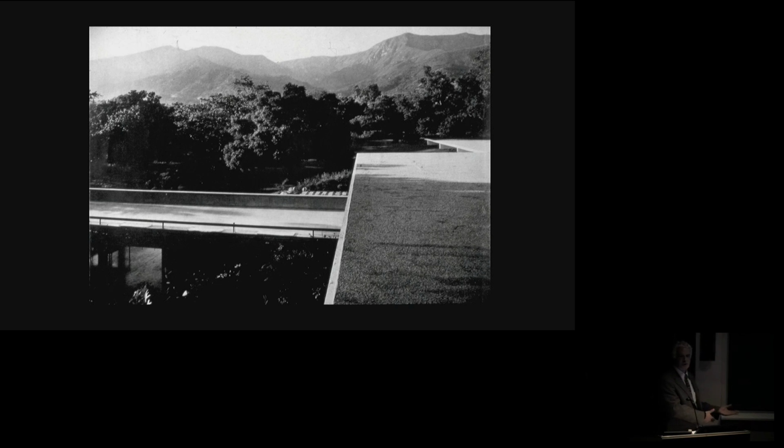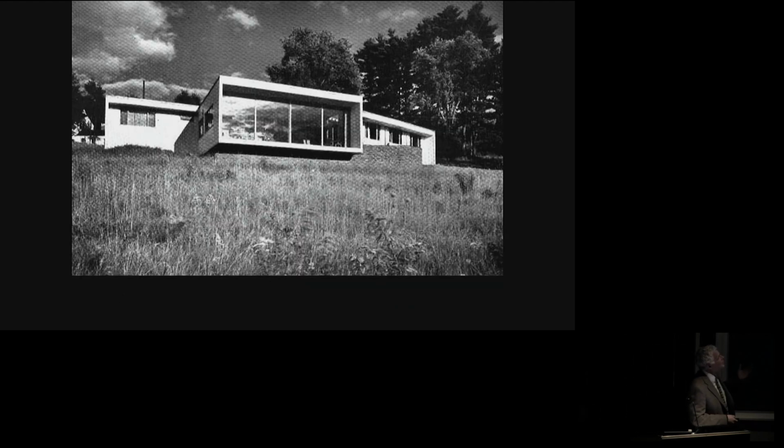That's what my architecture is about. And then in 1951, Neutra uses this as the cover for a book that he writes. So again, this image of the house, the merit of the house, as being what can be seen from it. Marcel Breuer's houses were sometimes described as observation posts, places to look at nature.